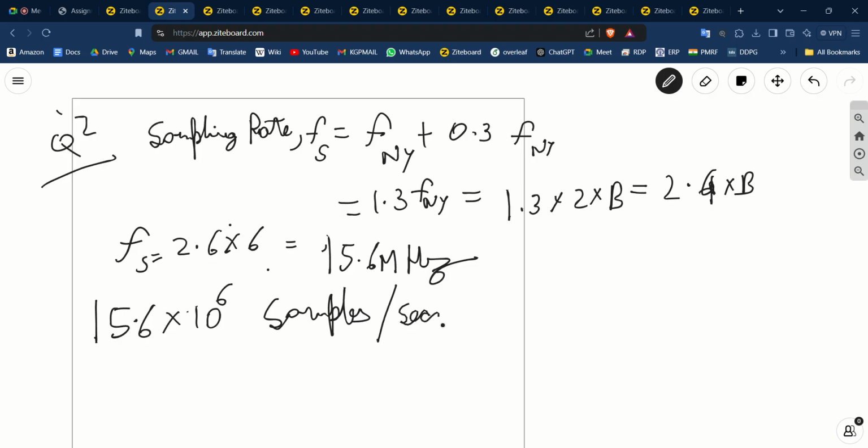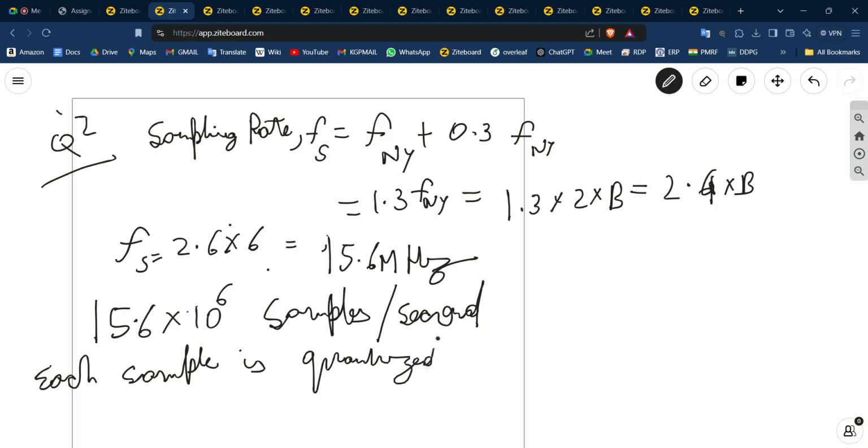Now each sample is quantized into one of 1024 levels. 1024 means 2 to the power 10.